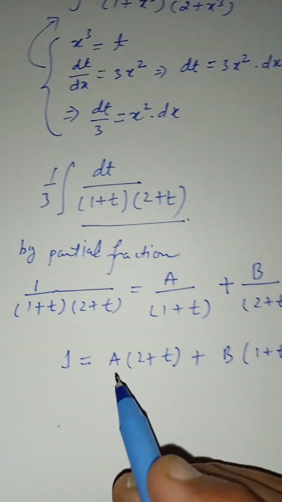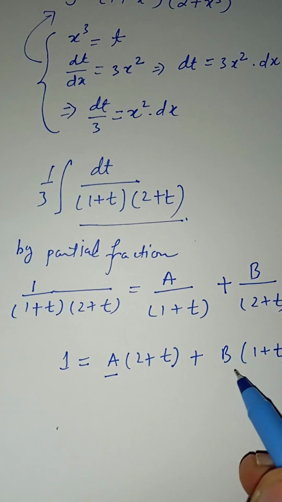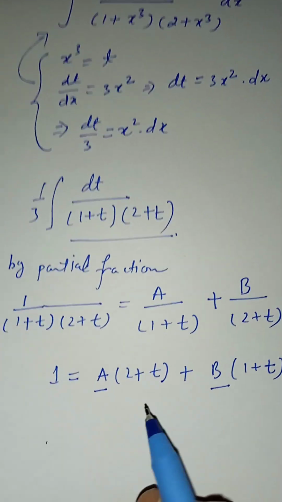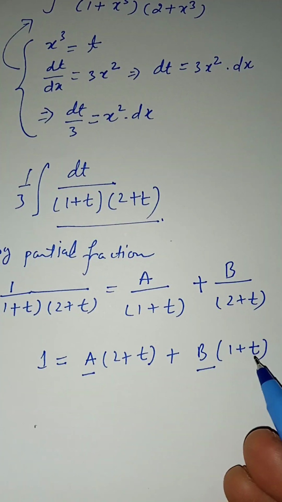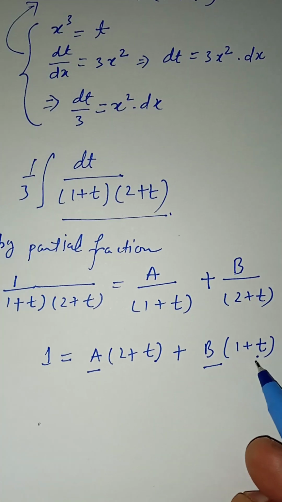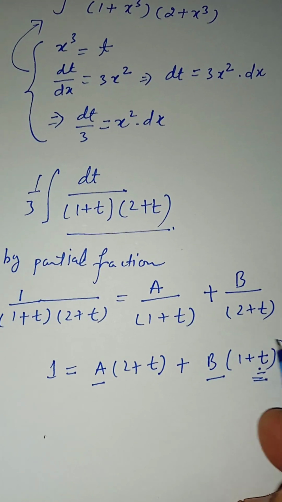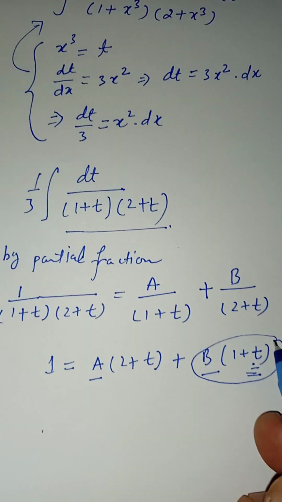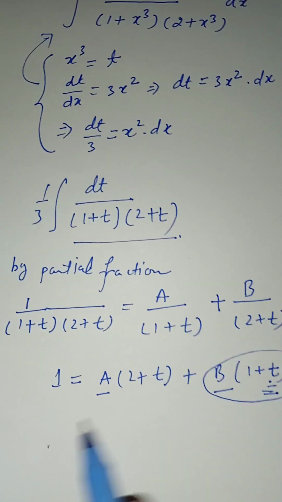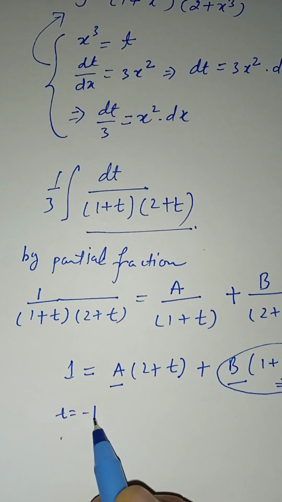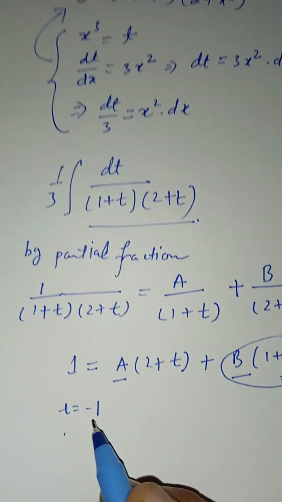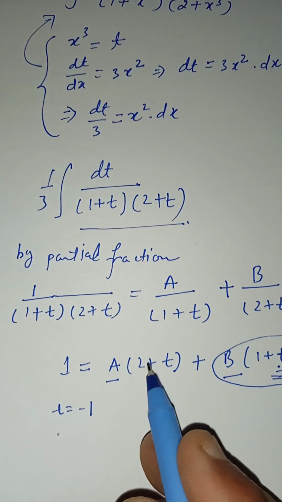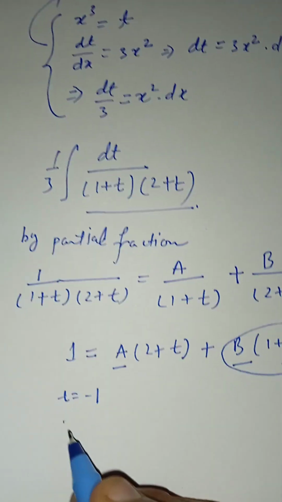So now how can you obtain the values of a and b here? I am simply making substitutions. If I put t equal to minus 1 here, this term will be 0. So put t equal to minus 1. Here 2 minus 1 is 1, and a is 1. Similarly for b, we put t equal to minus 2 here, so this term will be 0.